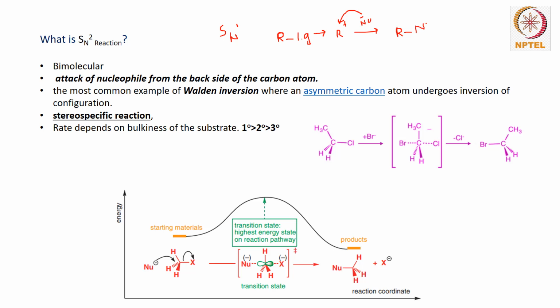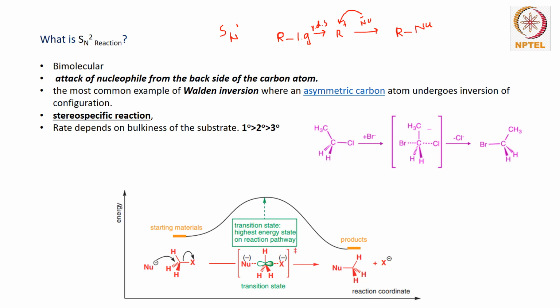So it was a stepwise process, and in that case the first step is the rate determining step. From kinetics we know that whichever step is the rate determining step determines the order of the reaction.